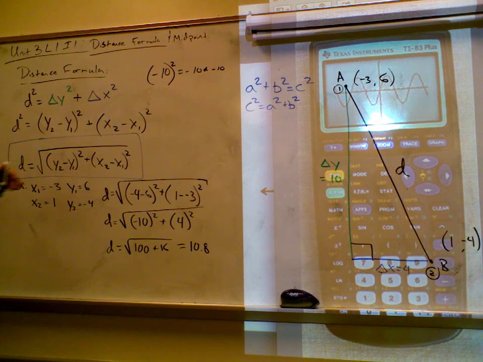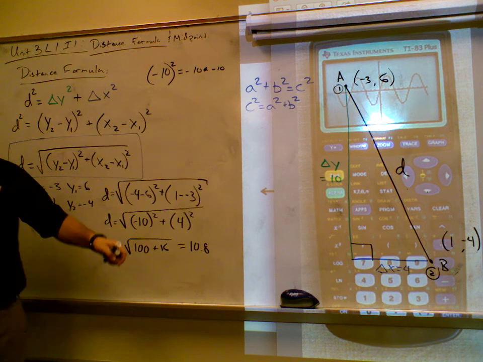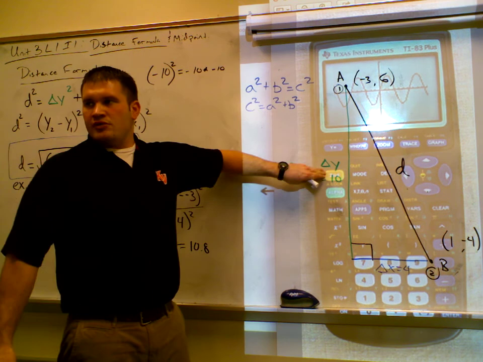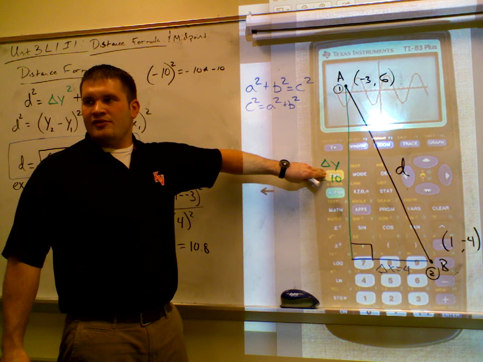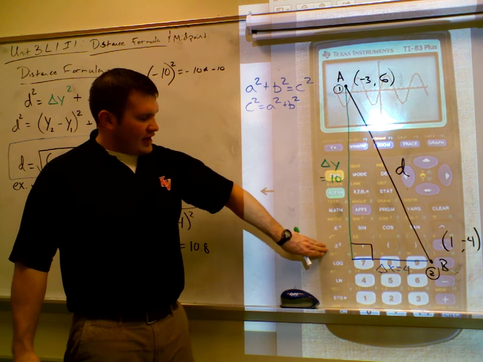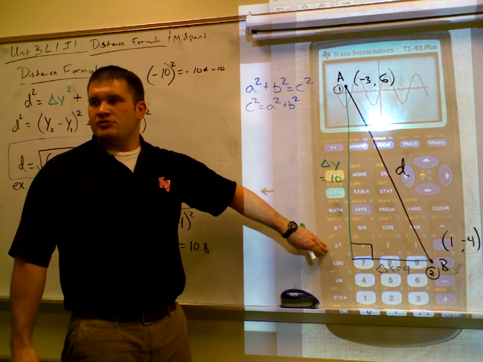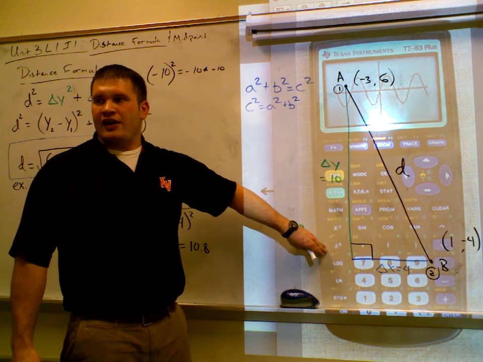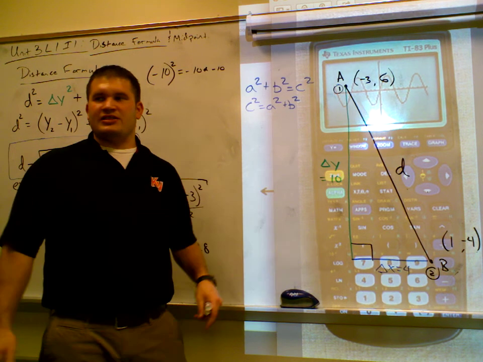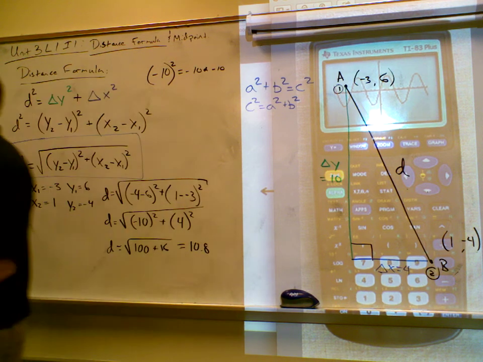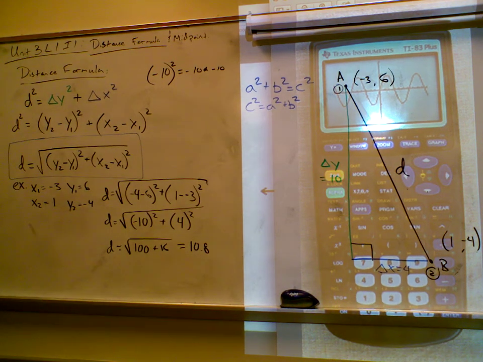We took the square root of the other side and got rid of the square. Wait, how did you get 10.8? The square root of 116. So second, x squared is right above log. And you'll get a radical. Then type 116. Oh. Okay.